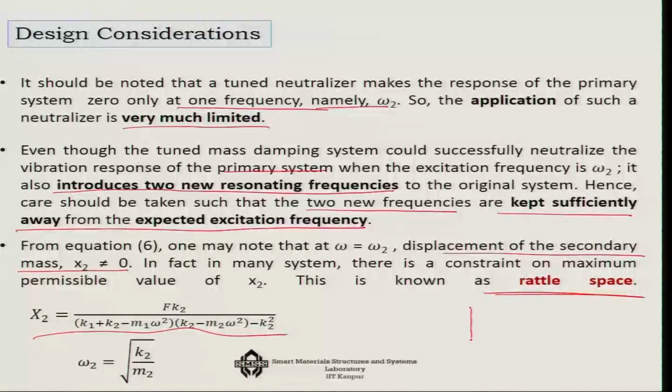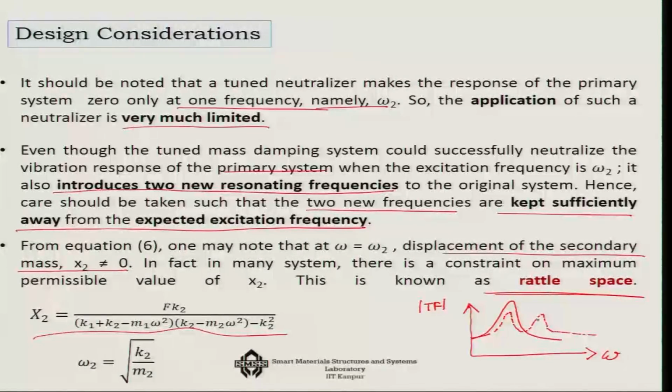If I look at this system, omega versus the transfer function, then our initial system was something like this, and once we apply a tuned mass damper system, then the system's frequency response will actually have two peaks.